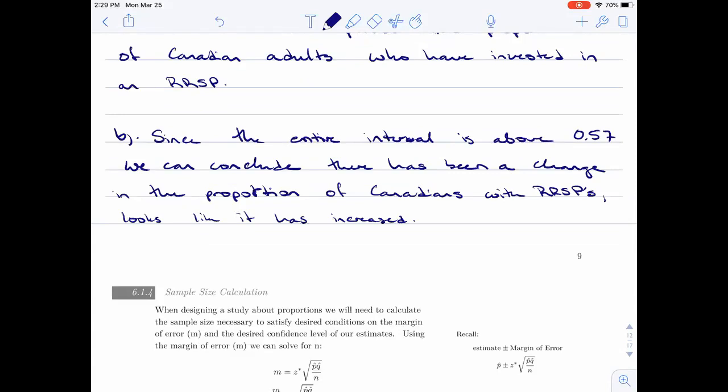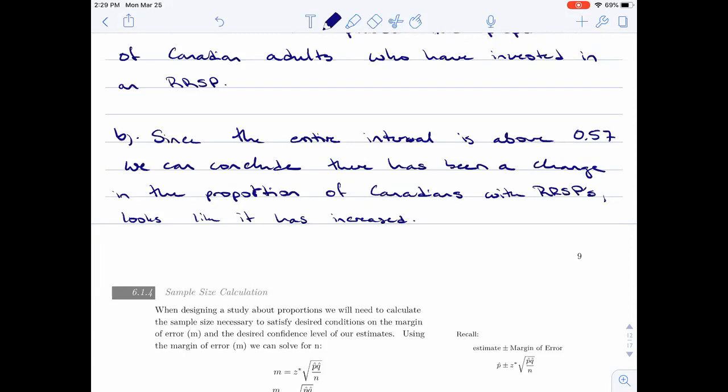It's asking, has there been a change? It's essentially a two-sided test, right? So we don't actually care, but because this entire interval is above 0.57, then yes, there has been a change and it looks like it's increased.